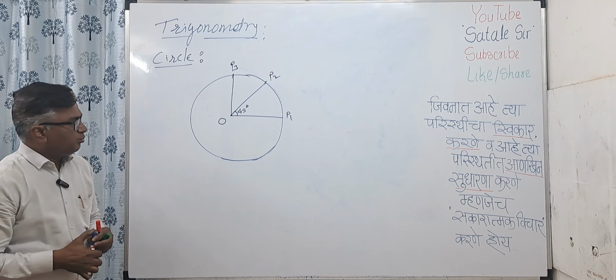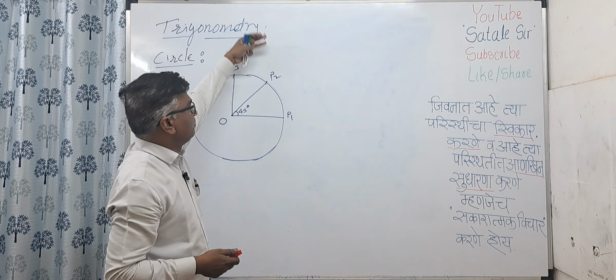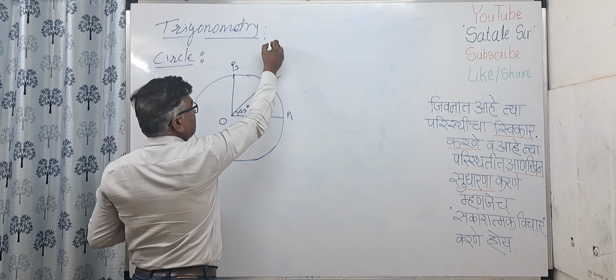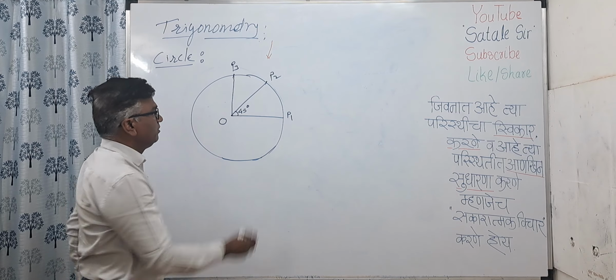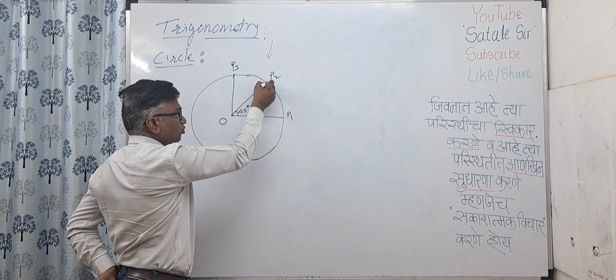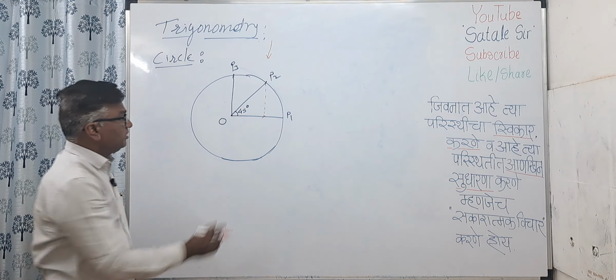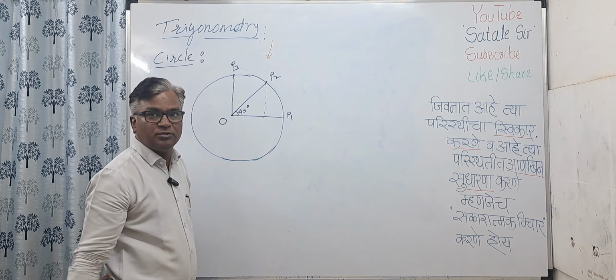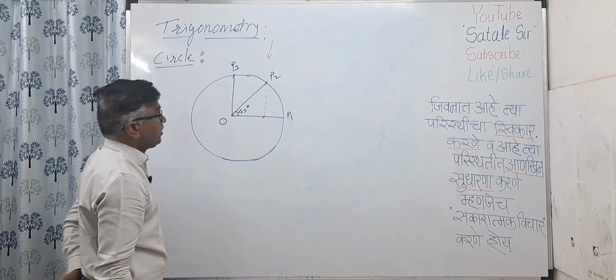Projection means what? If I look from this side, or if I put a torch here like this, then the shade of this point P2 falls on this line somewhere here. This is called the projection of this point P2.